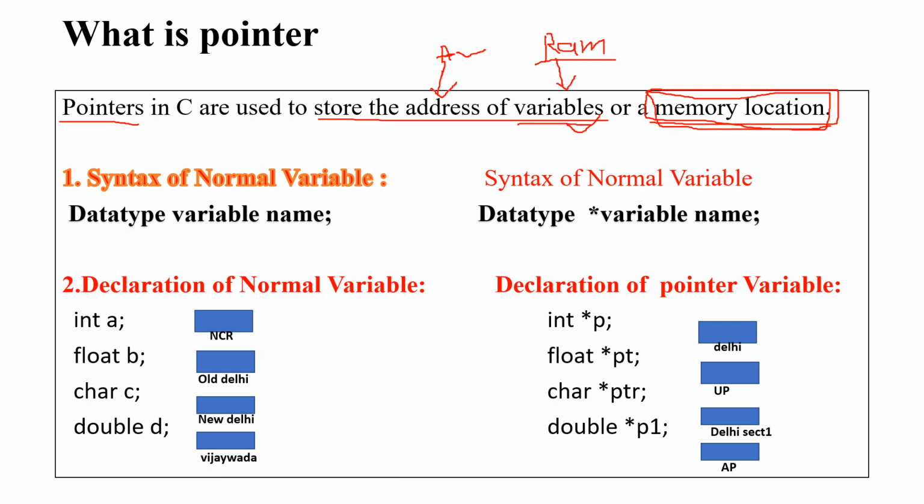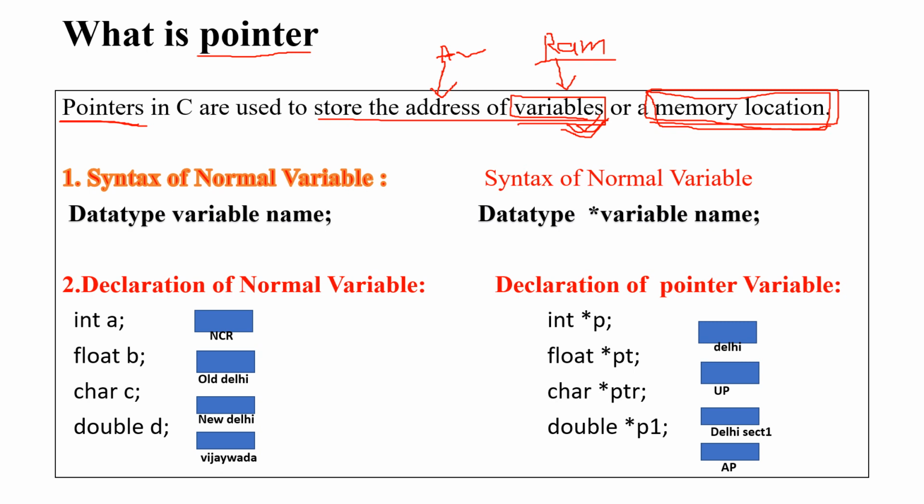The variable is a normal variable, like Ram, A or B, and it is stored in some space in memory. That memory location is called the address, and it is stored in the pointer. So the pointer's main aim is to store the address of a variable.